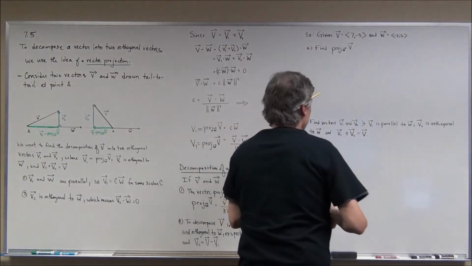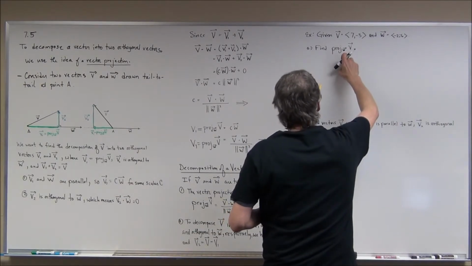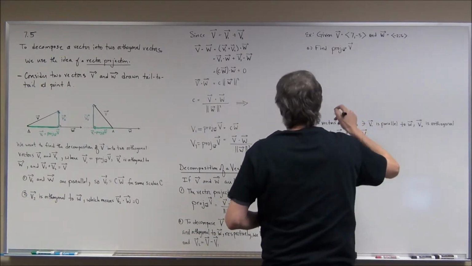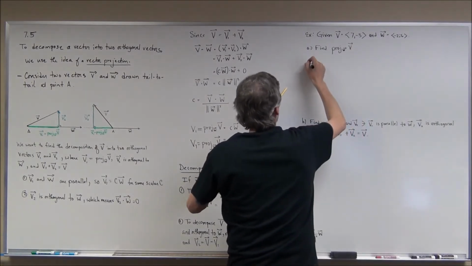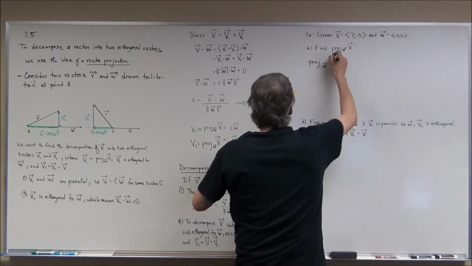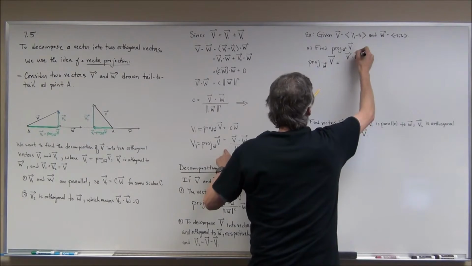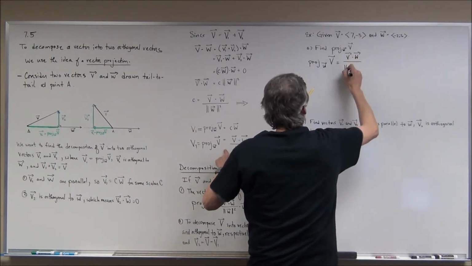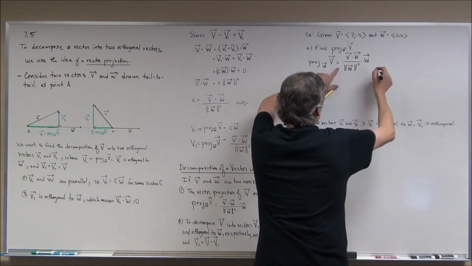Find the projection of vector V onto a vector W here. By definition, this is equal to vector V dot vector W all over the magnitude of vector W squared, times vector W. So I'm going to substitute in.